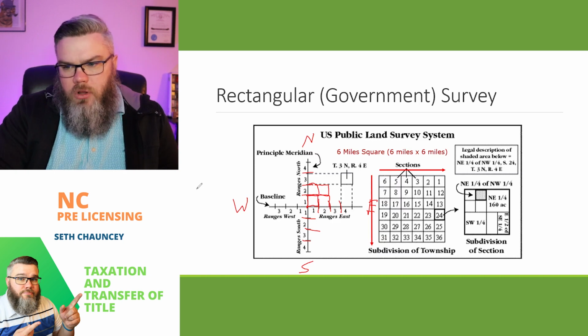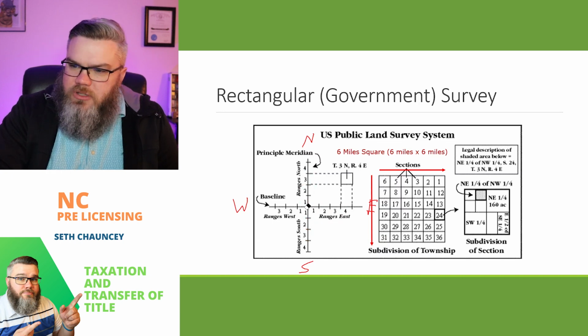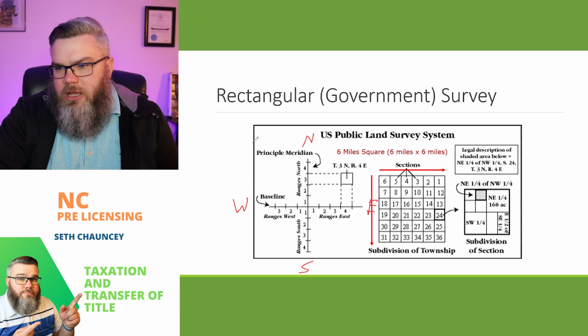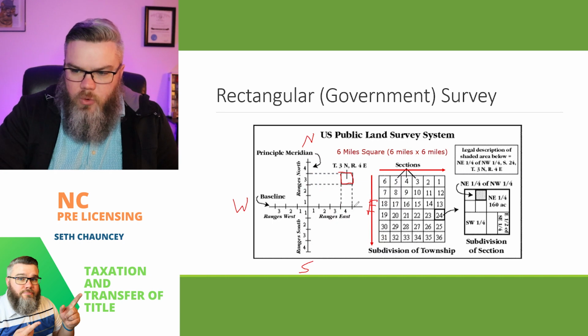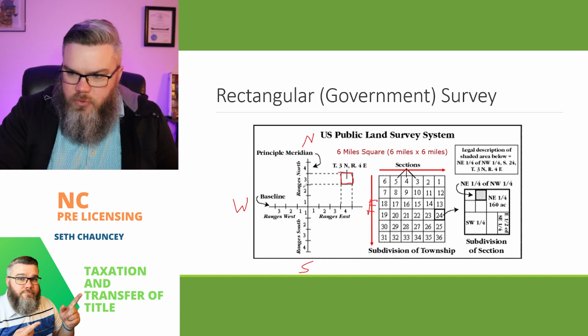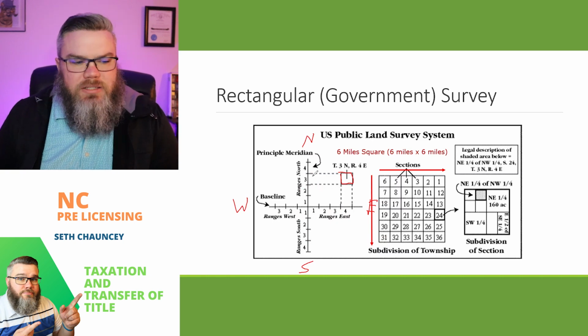Now, we're going to erase everything but the north, south, east, and west. What they do is they reference a very specific township. In this case, there is this one right here that we're looking at, which is 4 ranges to the east and 3 ranges to the north from this principal meridian and baseline.